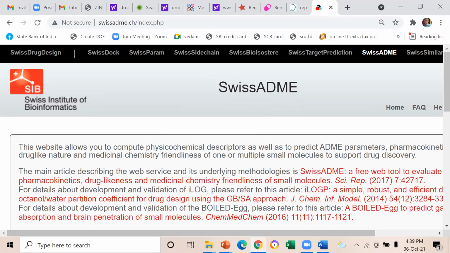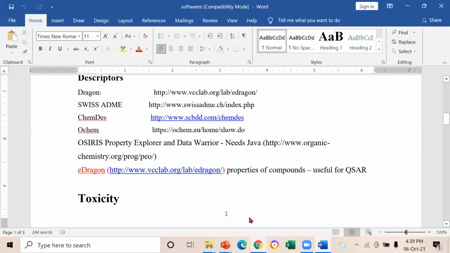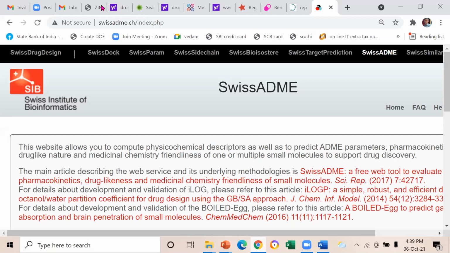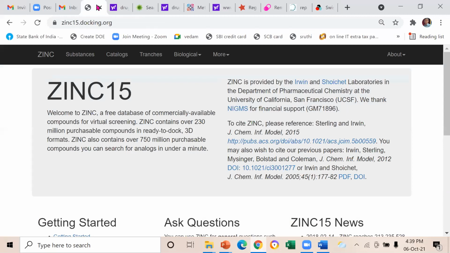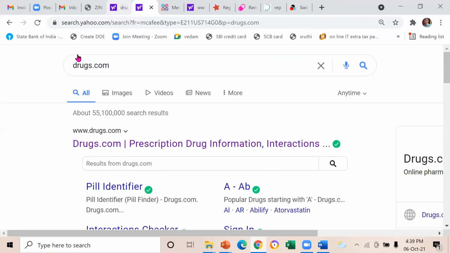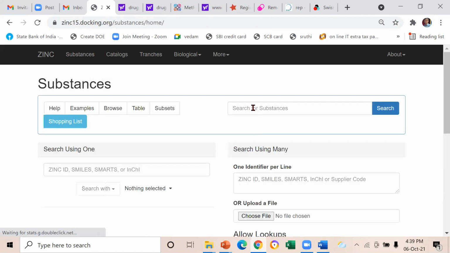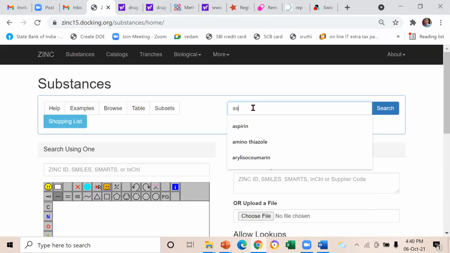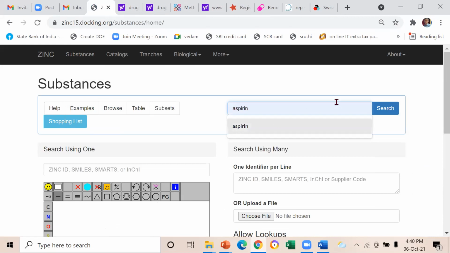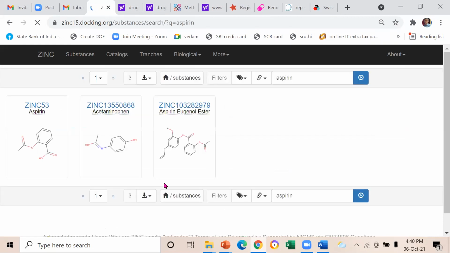For example, let's take a molecule called aspirin, and imagine I want to calculate its properties.